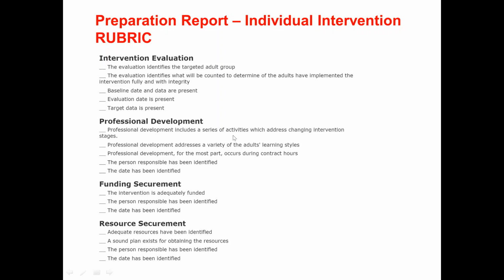So one other thing I wanted to point out here is to remember that all of our interventions are designed to influence an adult practice. So when we go to evaluate, we want to say, okay, which adults were we trying to change in terms of their practices, and what are we going to count to make sure that that's happened.